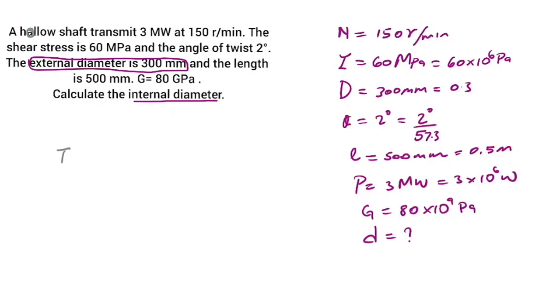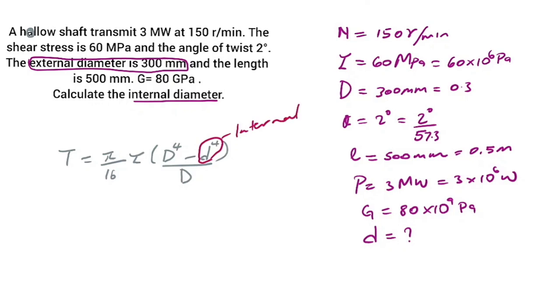The formula is torque equals pi divided by 16 times the shear stress, times external diameter to the power 4 minus internal diameter to the power 4, all divided by the external diameter. We're looking for this internal diameter.